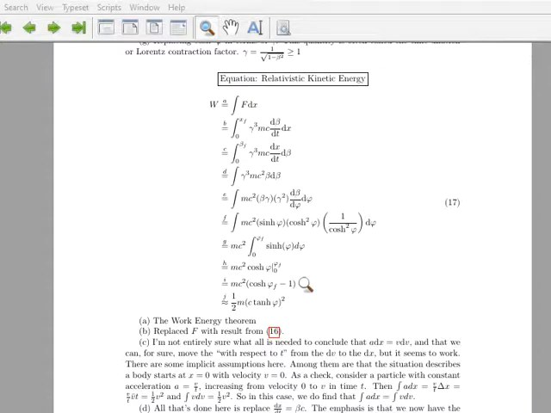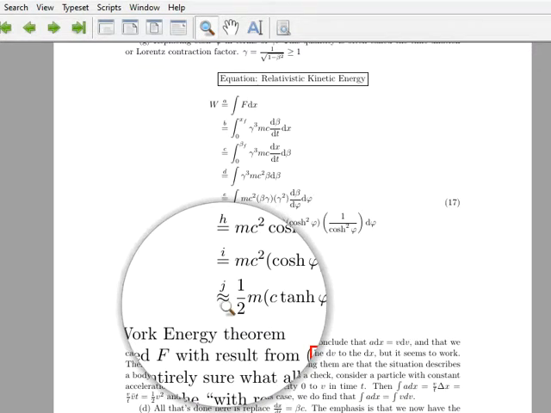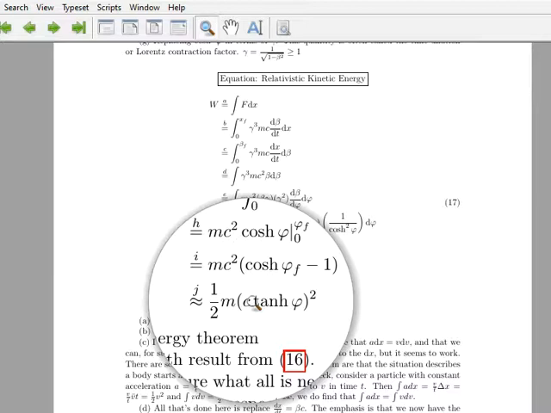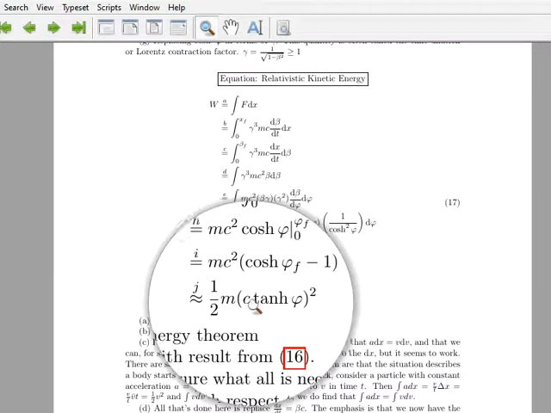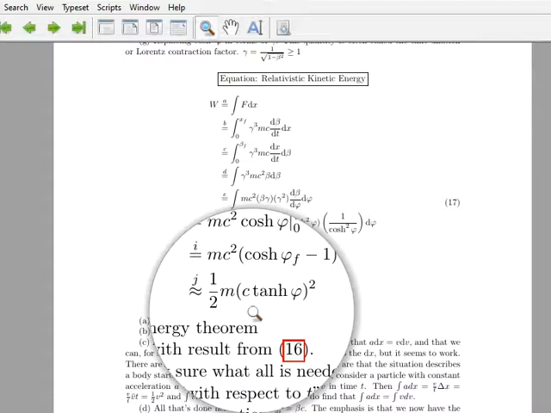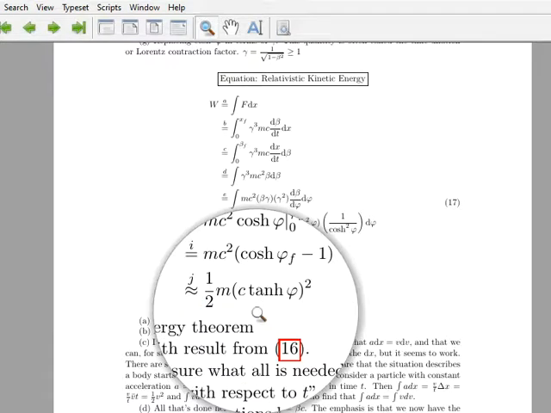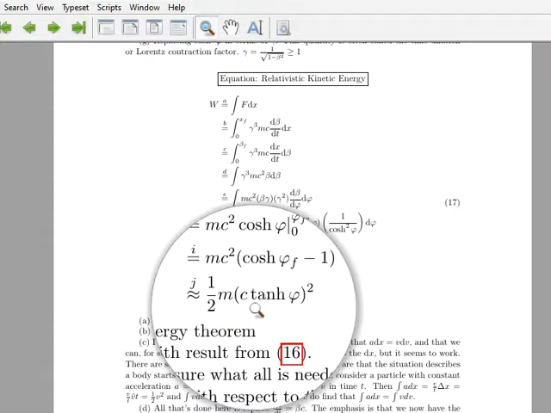Now, the step here with the approximately equal sign, step J, is converting that from the exact relativistic expression to the approximate one half mv squared that you're accustomed to.